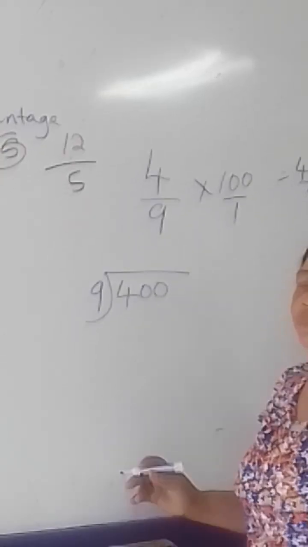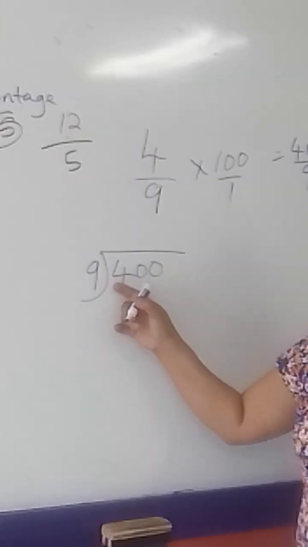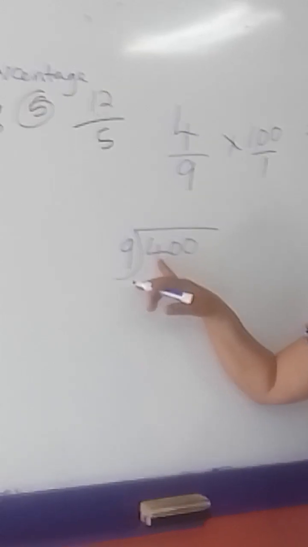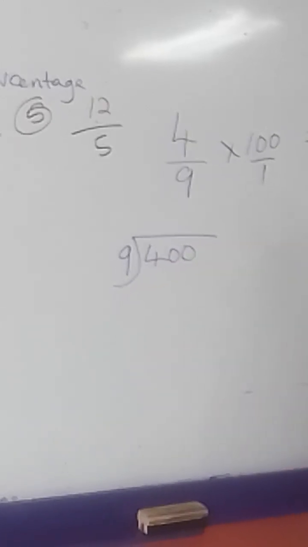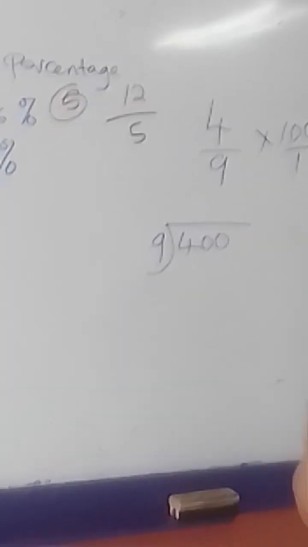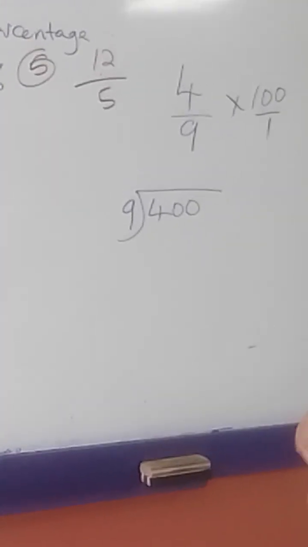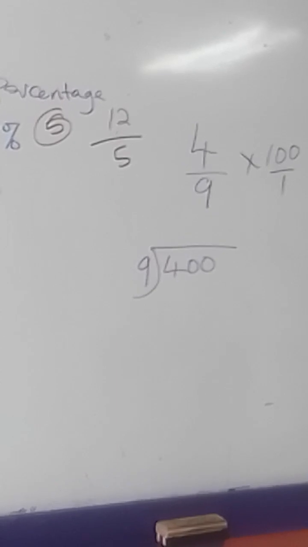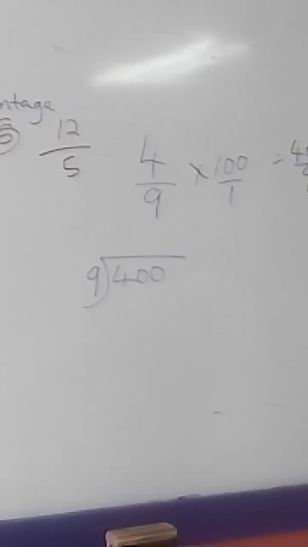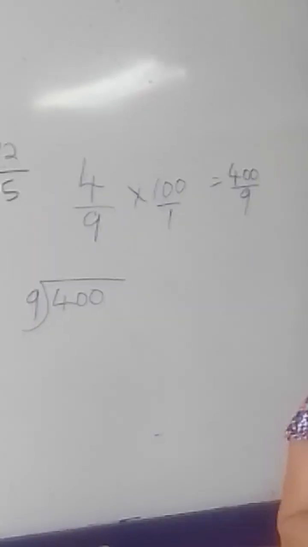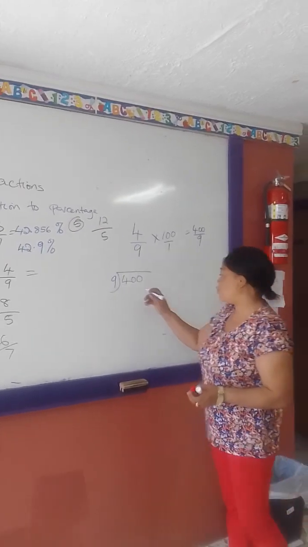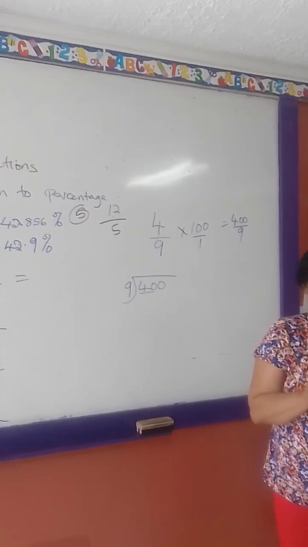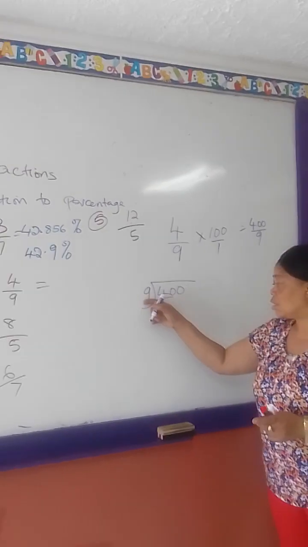As I said, if I go 9 into 4, I can't, so I now take on 40. How many times can I get 9 out of 40? If we are having a problem with multiplication, we can use what is almost called the addition rule to get the answer. So I'm trying to get to 40, and I'm trying to see how many 9s I'm going to get.